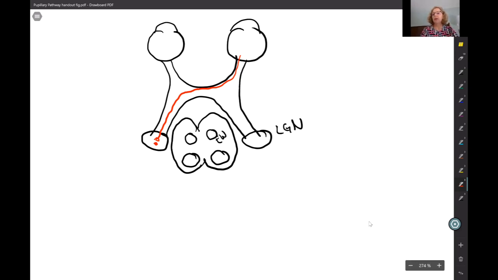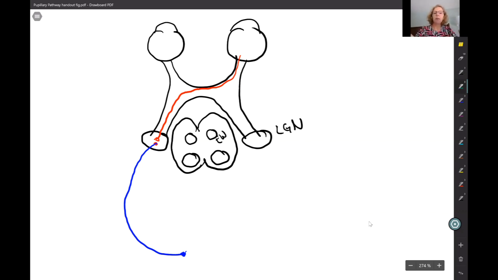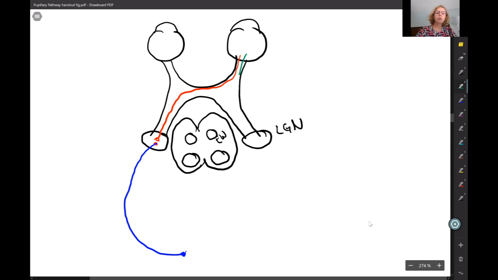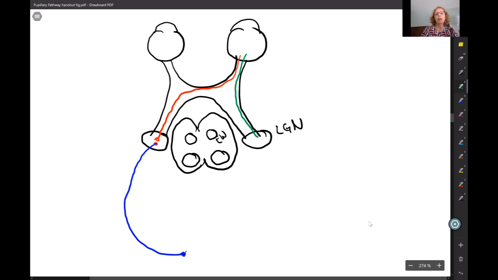And from here, the near pathway is going to go through the radiations back to the occipital lobe. We also have temporal fibers that are going to go through the optic nerve, through the chiasm, and through the optic tract to the ipsilateral lateral geniculate nucleus. Then those fibers, again, are going to go through the optic radiations and back to the occipital lobe.